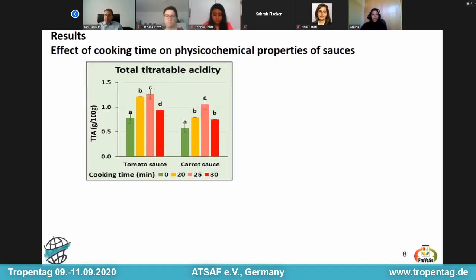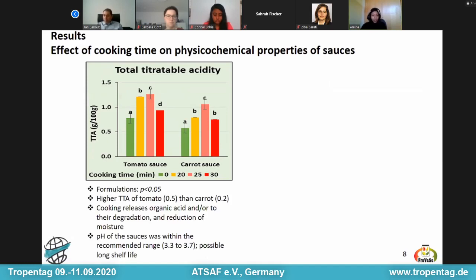evaporation is reduced. And when we come to titrable acidity, TTA, we found that the formulations for tomato sauces, for fresh sauces, was about 0.8 gram per 100 gram, and the cooking time for 20 and 25 also increased the titrable acidity of the formulation.